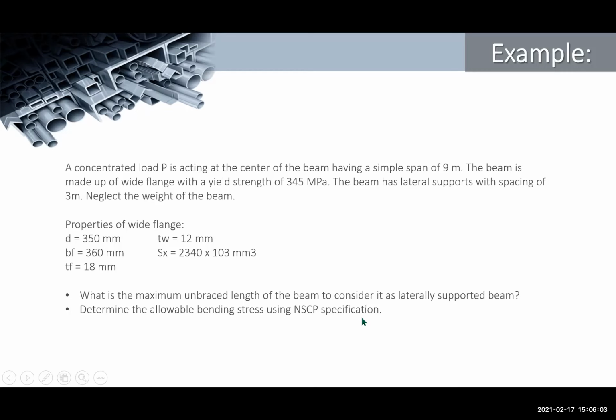So, solve natin. Dito, may lateral support siya sa spacing na 3 meters, pero yung length ng beam natin is 9 meters.